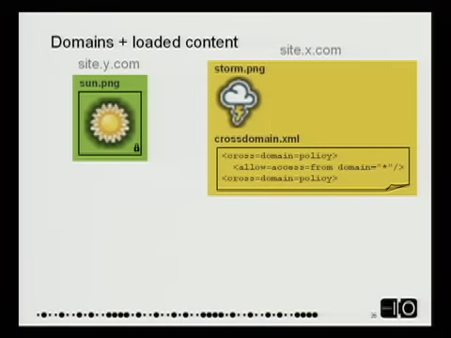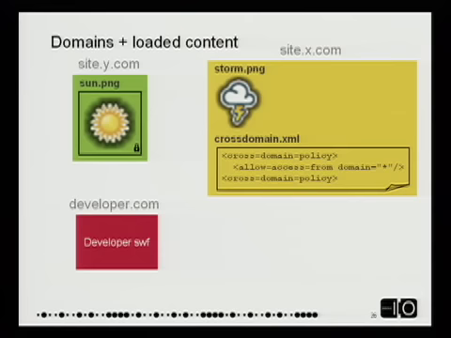So I'll give an example of a couple of sites, site y.com and site x.com, and they provide two image files which are available through URLs. In the case of site x.com, they've also provided a cross-domain.xml file, which is allowing access from domain star, or in other words, allowing access from anywhere. And what we can do with those two images is fairly different inside the Maps API.